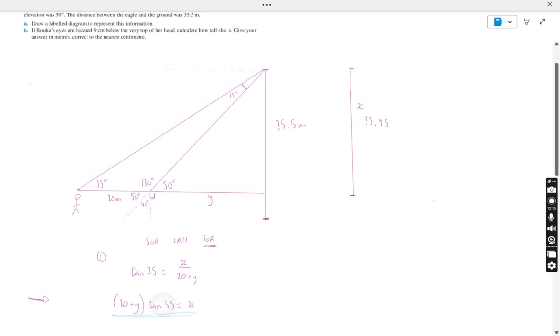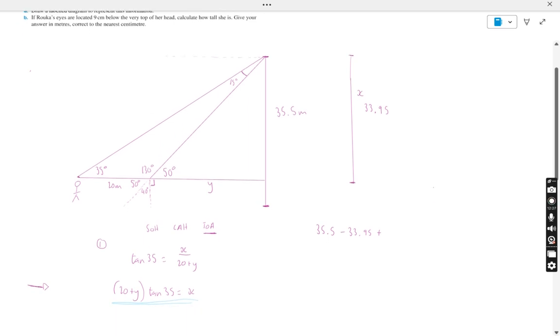So I'm going to have 35.5 minus 33.95 plus 9 centimeters, which is 0.09, equals Ruka's height.